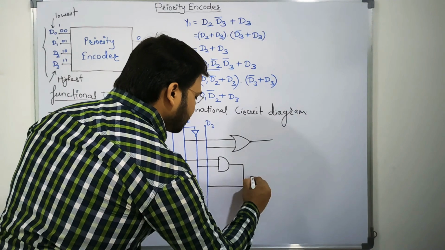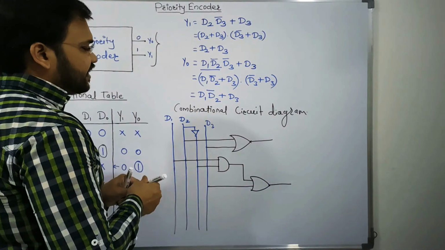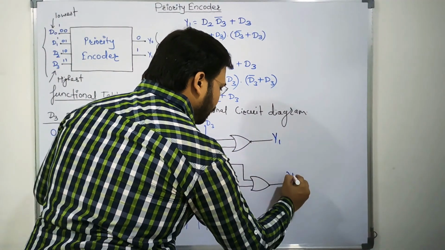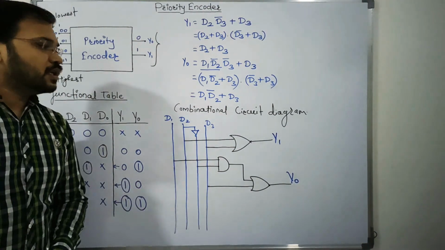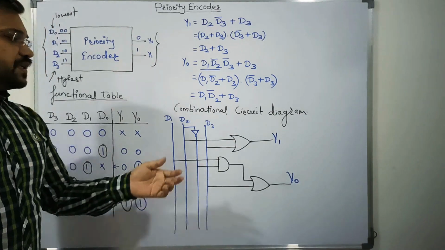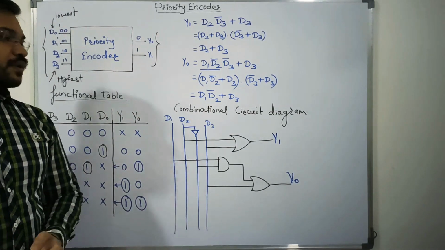Here we use another OR gate for Y0. So this is Y1 and Y0. In this way we can draw the combinational circuit diagram of the priority encoder. This is basically a 4:2 priority encoder. Thank you.